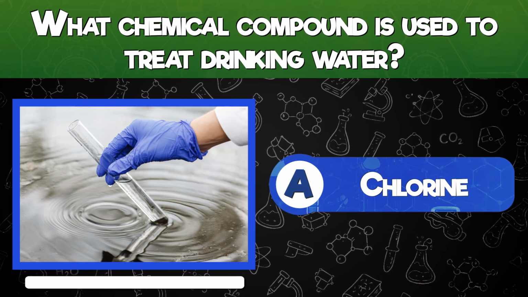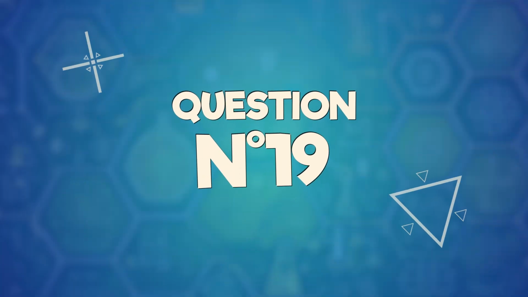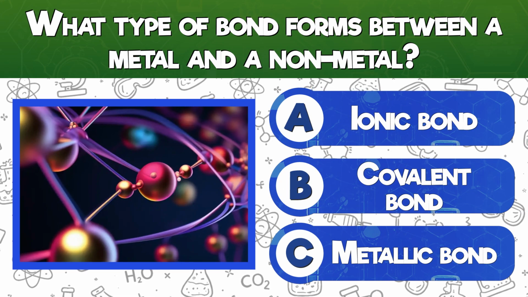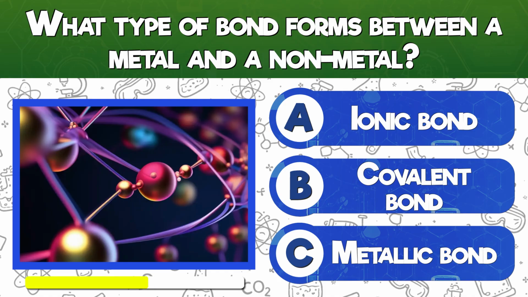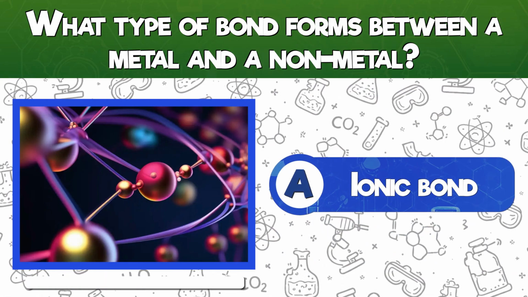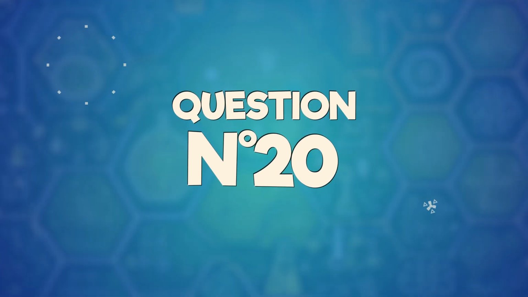Chlorine. What type of bond forms between a metal and a nonmetal? An ionic bond.